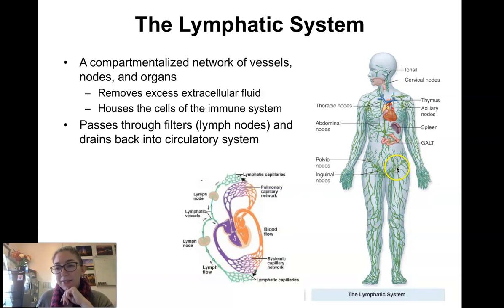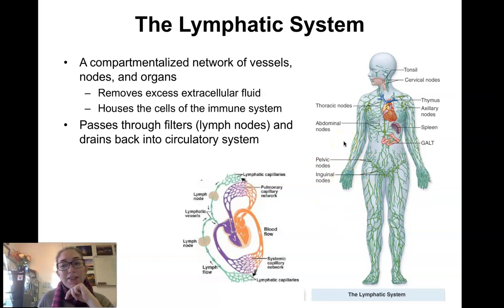These dots, I don't know if you can see them that well in this picture, but some of these little grape clusters that you see in the armpits, in the groin, you see some here in the abdomen, there's some in the neck. These are lymph nodes, and lymph nodes are basically just dense pockets of white blood cells. I like to think of the lymphatic vessels as train tracks, and the lymph nodes as train stations, where B cells and T cells can hang out or get off and switch onto a different lymphatic vessel.